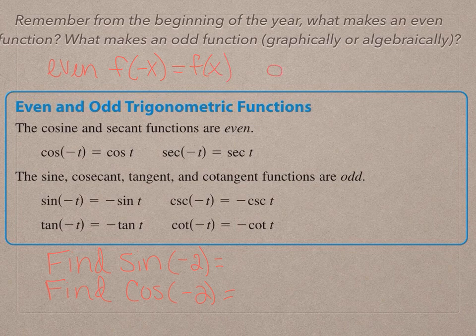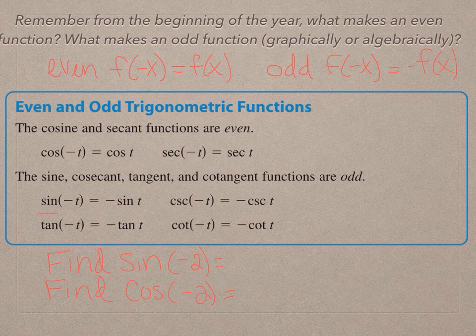When your function is odd, if you put a negative value inside of it, it makes the answer the opposite sign, or it makes the answer negative. So cosine of some negative value is going to be the same as the cosine of that positive value. And same with secant of a negative value is the same as the secant of a positive value.